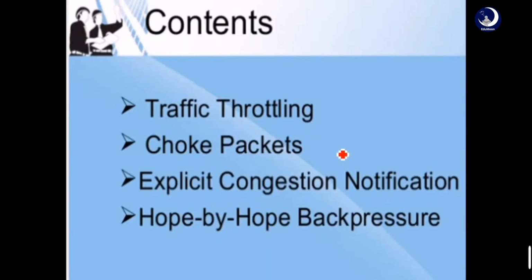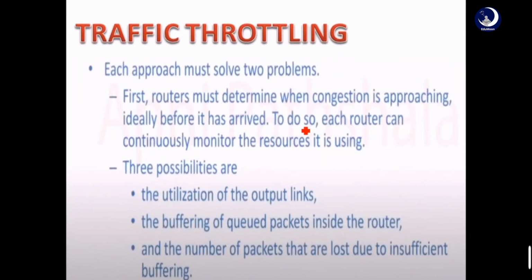Next, coming to traffic throttling. It can be used in both datagram and virtual circuit networks. Each approach must solve two problems. First, when congestion is approaching, the router must identify that congestion is occurring and it has to be informed before it has arrived.